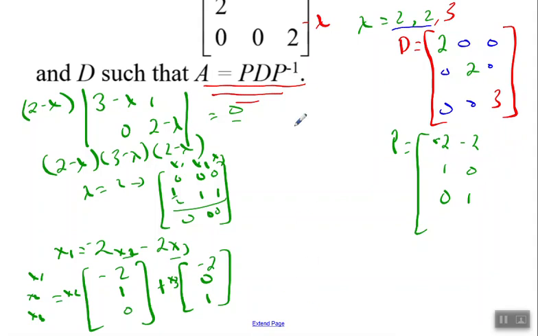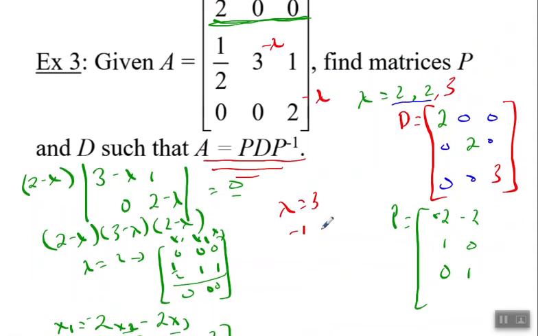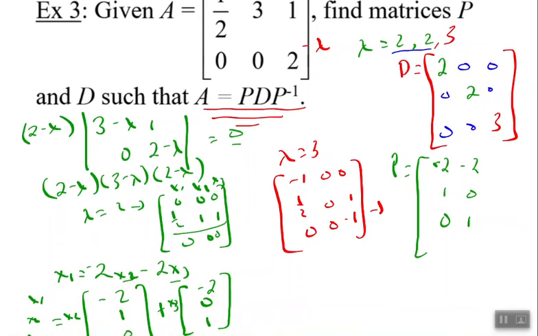And we're going to do the same thing for x3 when lambda is 3. And then I'm going to scroll up a little bit so I can see that. So we have -1, 0, 0, 1/2, 0, 1, 0, 0, -1. And then I'm going to row reduce that one. I'm going to use my calculator for that one. And what I get out is this 0, 1, 0 vector.